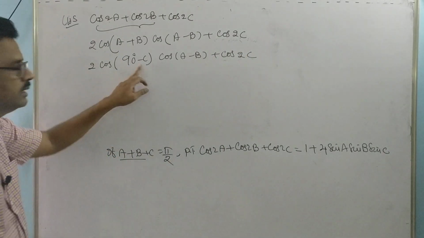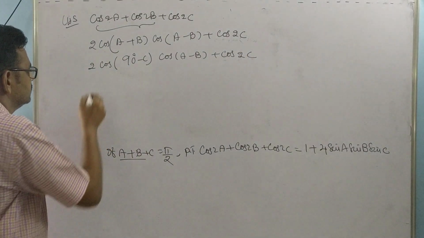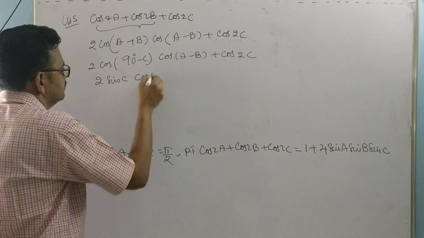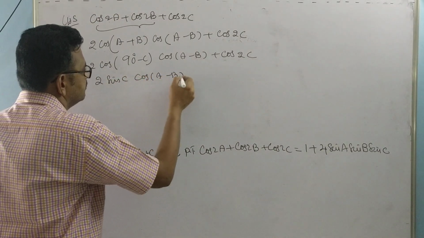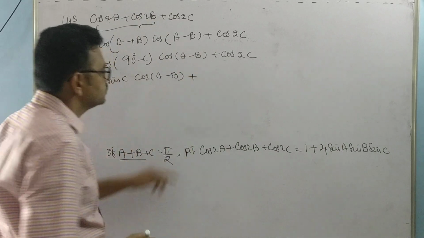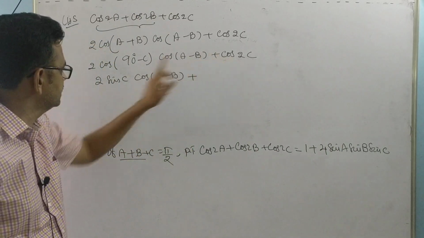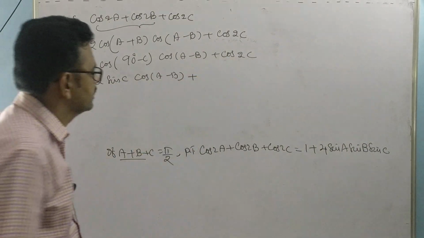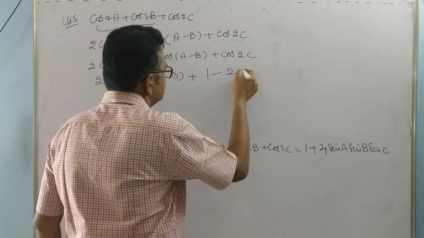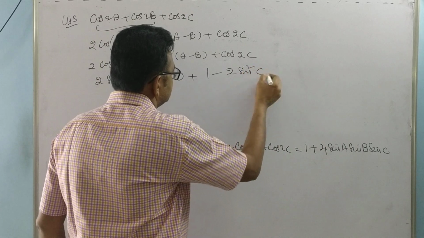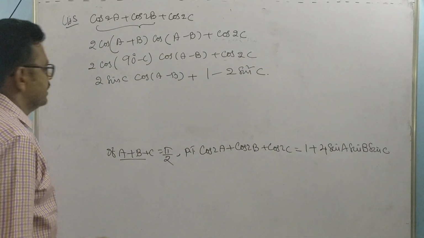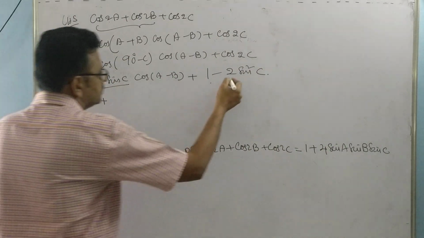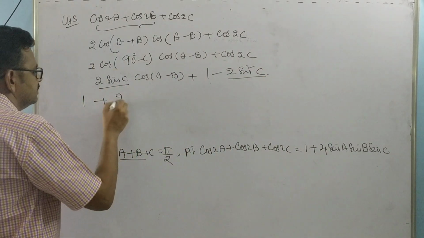Cos of 90 minus theta equal to what? Sin theta. So this is 2 sin C into cos of A minus B plus cos 2C formula, right, in terms of sin, because sin C is there. So this also you write in terms of sin, 1 minus 2 sin square C. Now 1 you write here plus 2 sin C, 2 sin C is taken common.